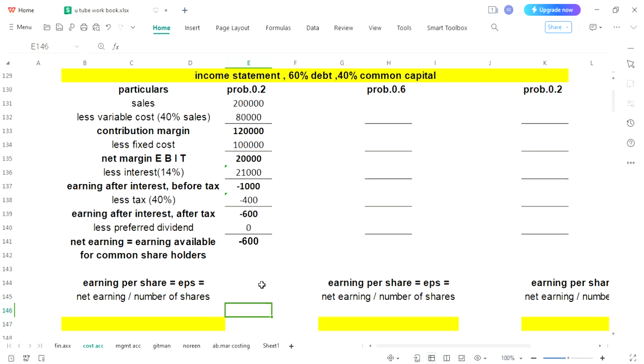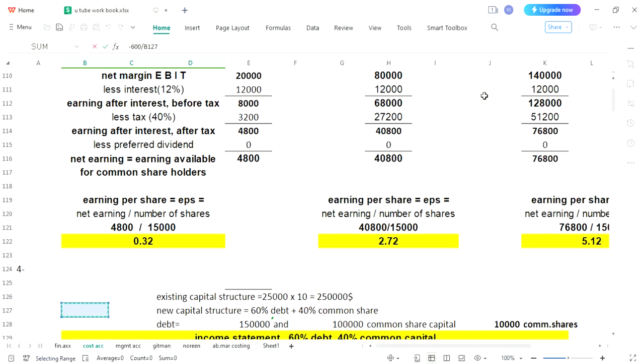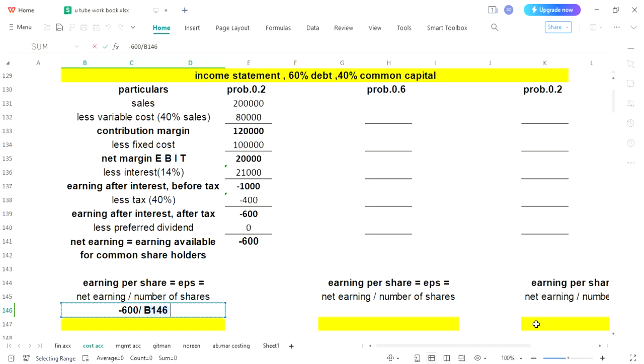Anyhow, we are now open to calculate our earning per share by dividing net earning by the number of shares. Net earning over here is minus 600, and you will divide it by the number of shares calculated above. Here common shares are 10,000, so just divide it by 10,000.